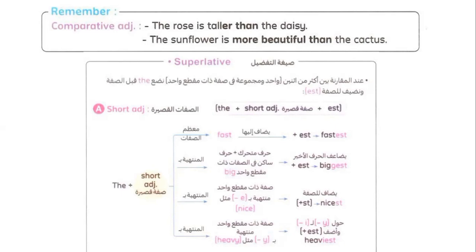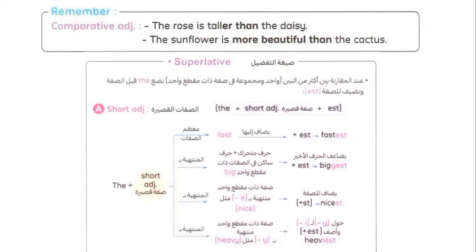So we write the word more before the adjective and the word than after the adjective. For example, the sunflower is more beautiful than the cactus.